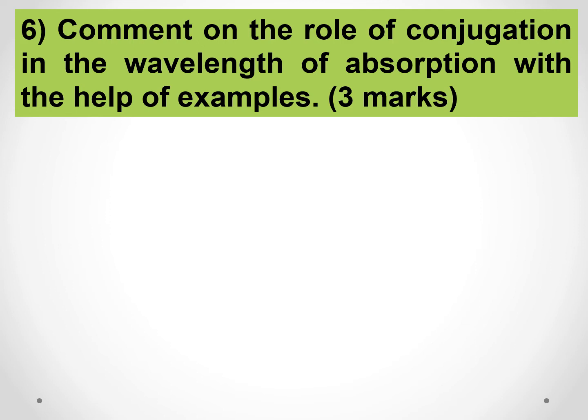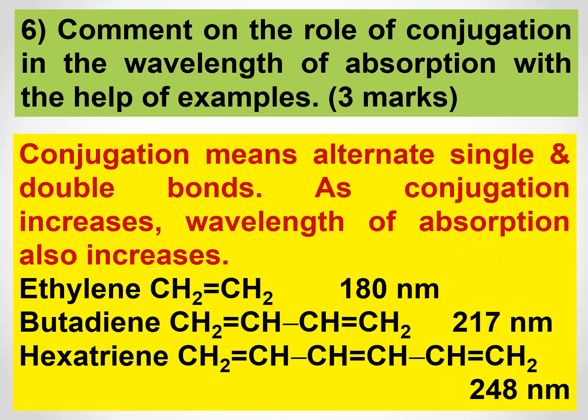The presence of conjugation means alternate single and double bonds. Like here you can see there is a double bond, then a single bond, then a double bond. Here also double, single, double, single, double. When you go like that, that is called conjugation. So as conjugation increases, the wavelength of absorption also increases.